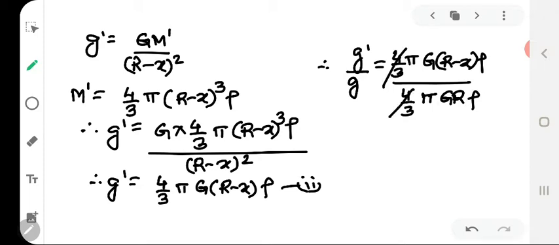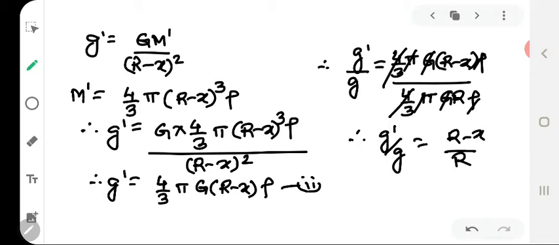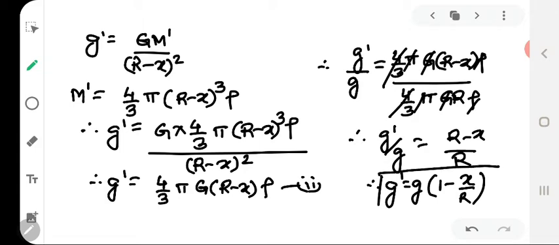We can cancel out the like terms. So we are left with G dash by G equal to (r minus x) by r. Therefore G dash will be equal to G (1 minus x by r). So this is the value for the acceleration due to gravity that decreases with depth. So the value of acceleration due to gravity decreases with depth also.